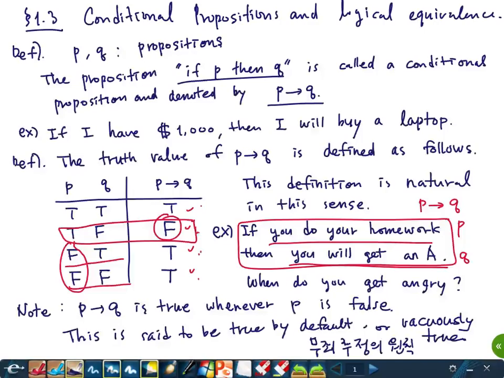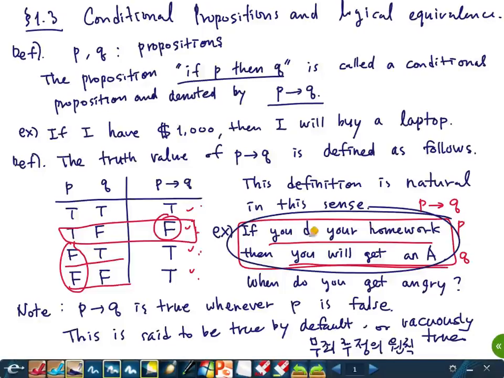Any question about this? So for instance, suppose I said this: if you do your homework, then you will get an A. And just suppose that there was no homework at all. Then is what I said true or not? I said this, and there was no homework. Is my sentence true or false?